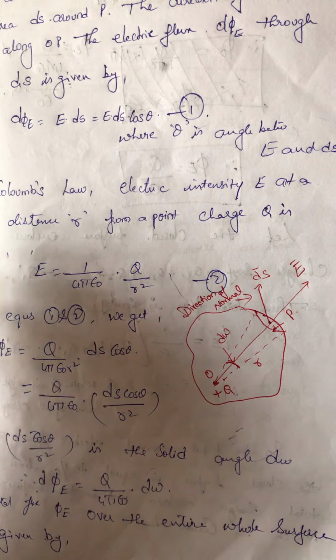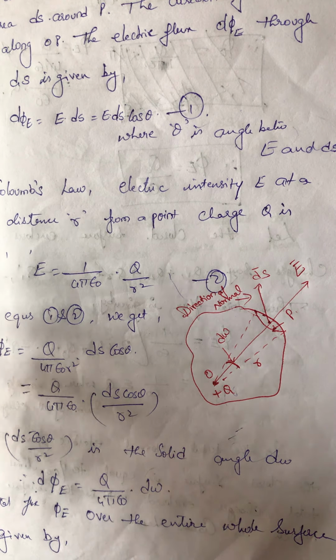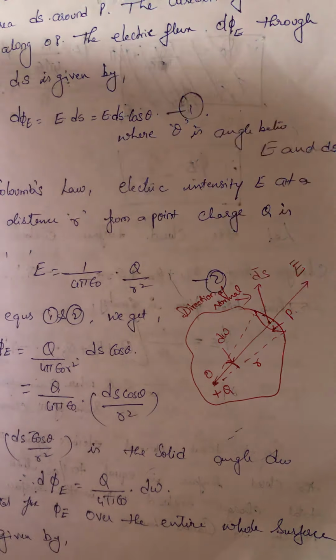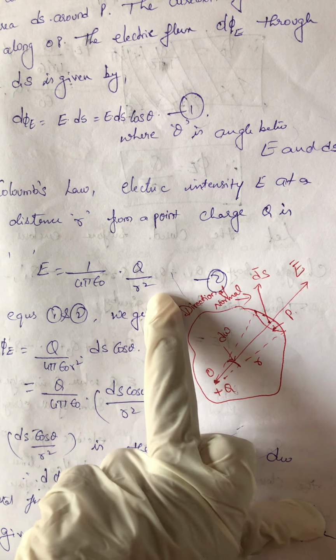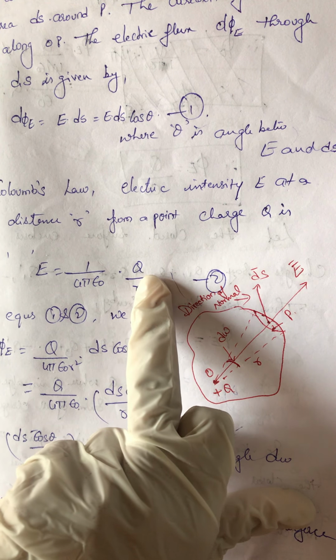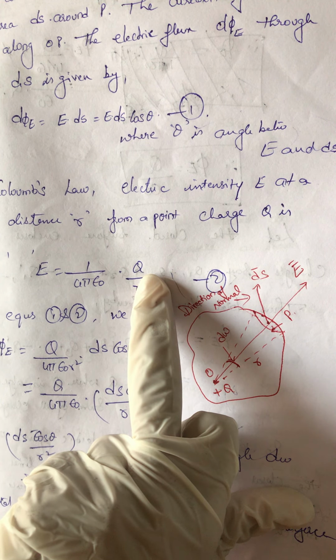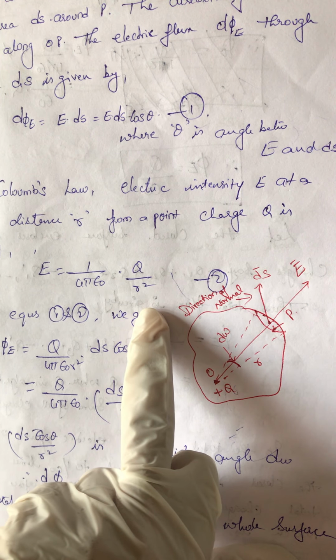Now from Coulomb's law, what is the electric intensity? Just now we have seen Coulomb's law, 1 by 4 pi epsilon naught into q1 q2 by r square. But q1 q2 and so on is the total charge, that's why the total charge is indicated by capital Q. E equals 1 by 4 pi epsilon naught into Q by r square.